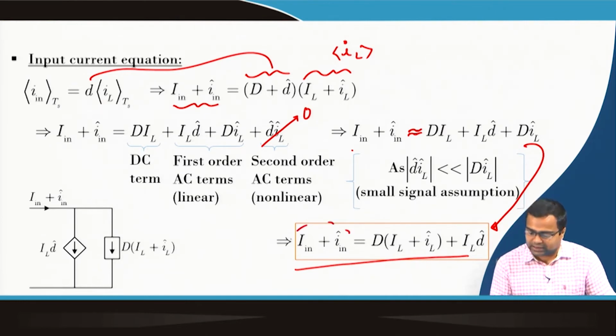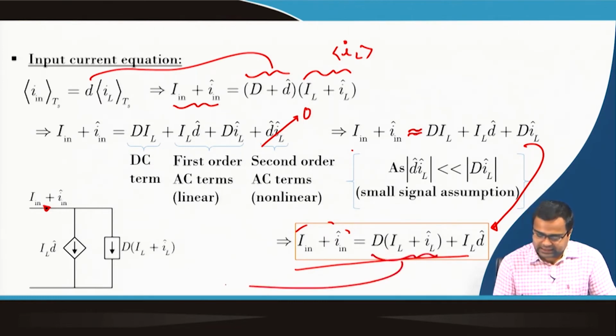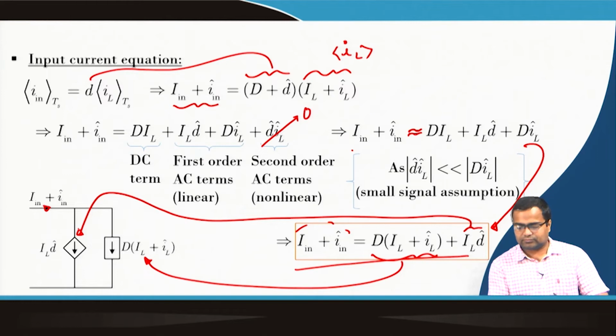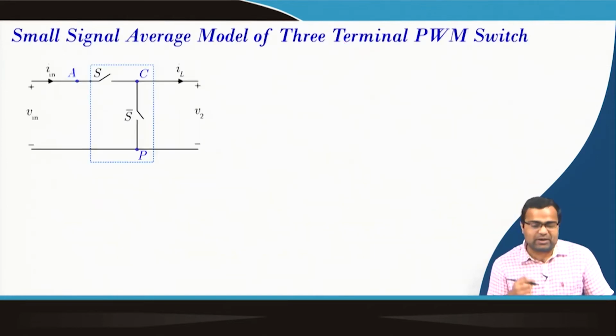Because this is the total current which is coming, the input current is divided into two parts. This is one current which is here, and this is another current which is here. Okay. So, we can combine together.